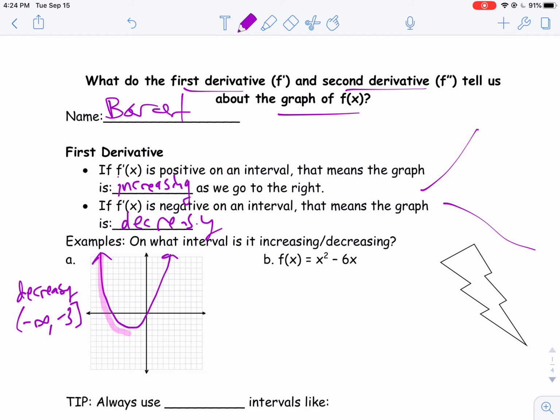I'm going to make this curve a little more exciting. So let's make this curve go there, and then we'll go up, and then we'll go down like that. Okay, so we're decreasing from -infinity to -3, and then we're also decreasing from around 6 on to positive infinity.